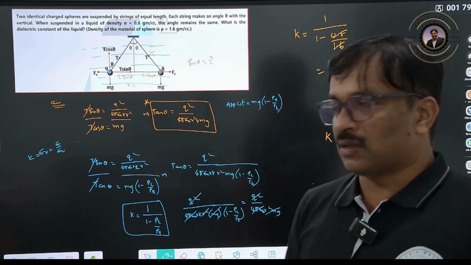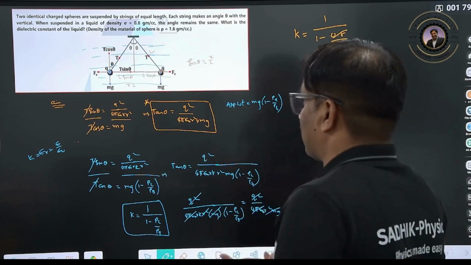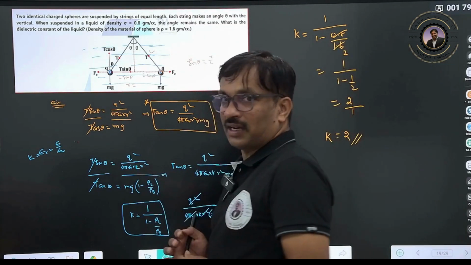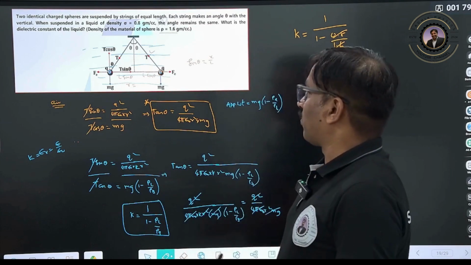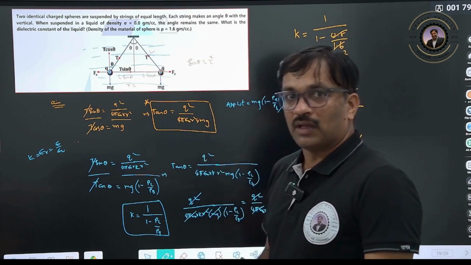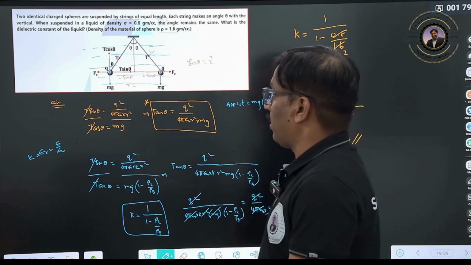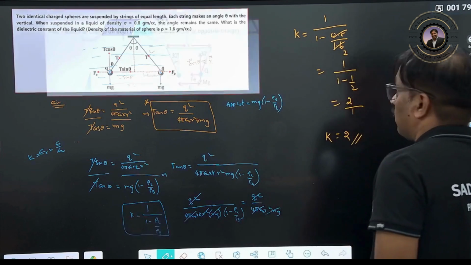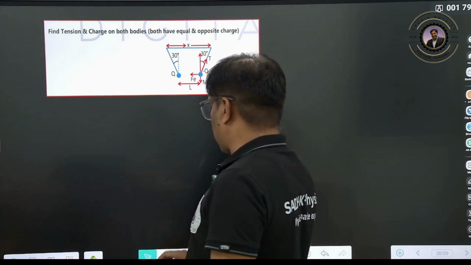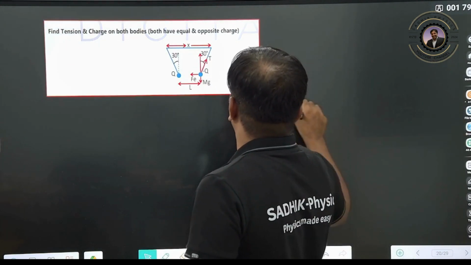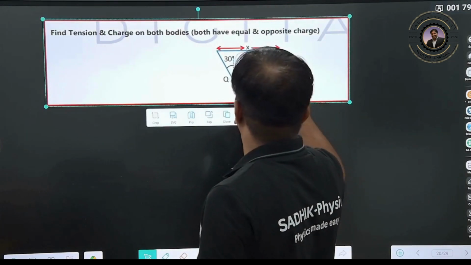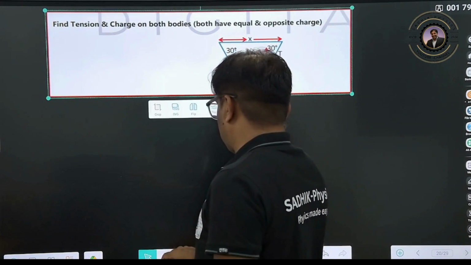Clear? So when the question is there, it looks very difficult, how to do it. But once you start using these concepts, you can solve the problems very easily. Clear? Now let us see one more question, one more similar concept.